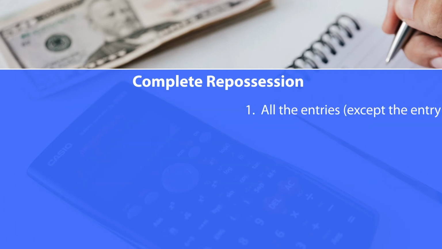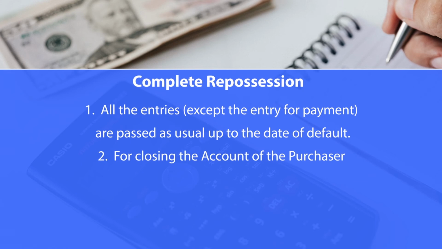The first one is, all the entries except the entry for payment are passed as usual up to the date of default. So, up to the date of default, whatever general entries were supposed to be passed in the books of the hire vendor would be recorded in the same way, except the entry for payment.